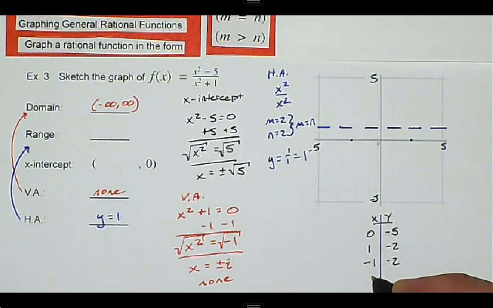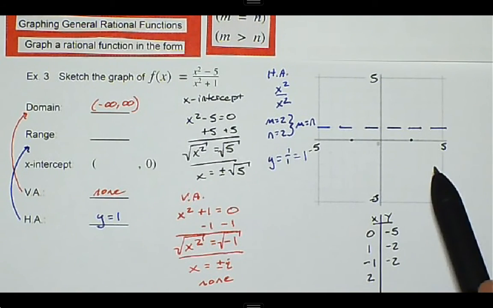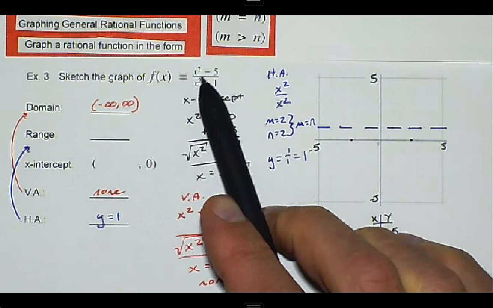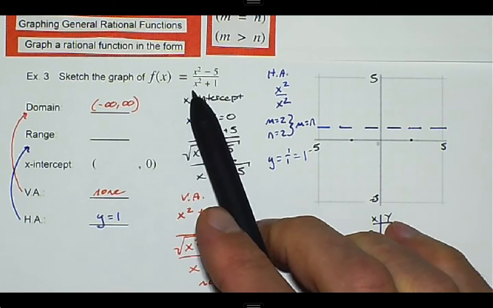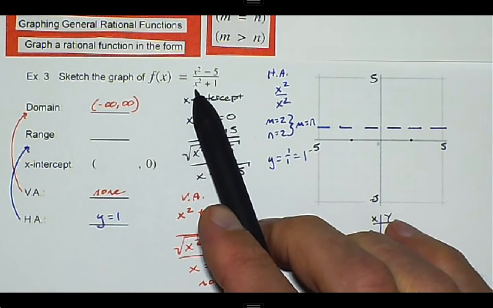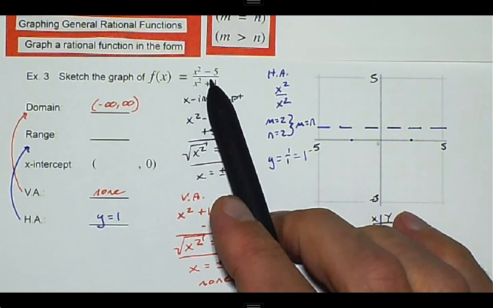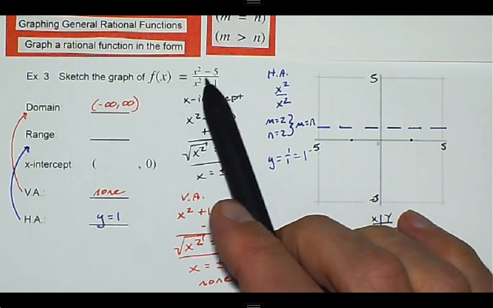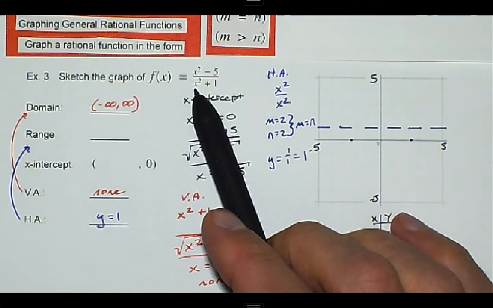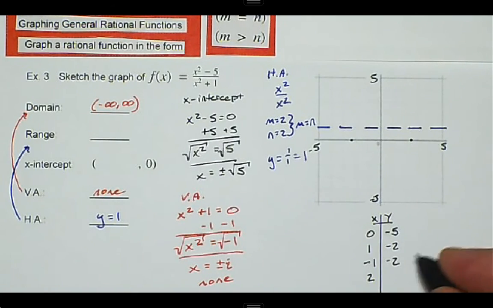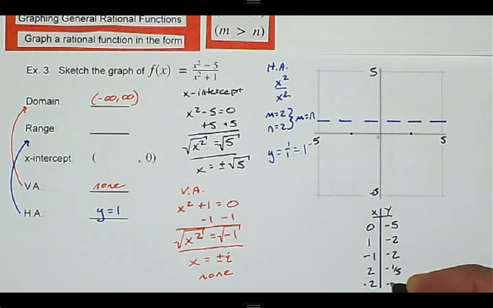And then we can try 2. 2 squared is 4, minus 5 is -1. So we have 4 plus 1, so that becomes -1/5. So -1/5, and -2 is -1/5 as well.